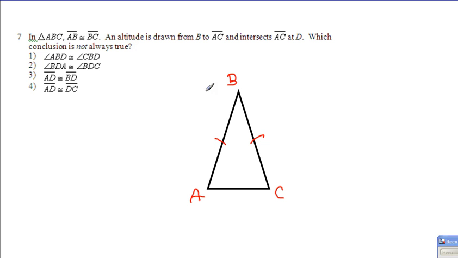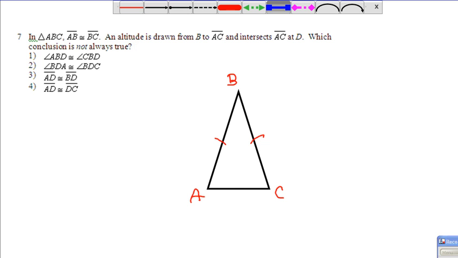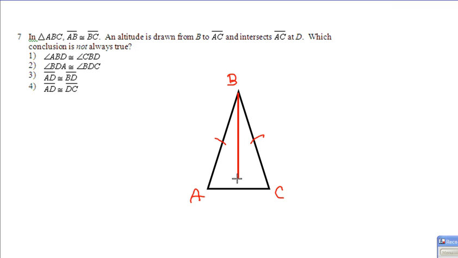Now, an altitude is drawn from B to AC, so we have an altitude. Okay. Now, intersect AC at D, so I've named this one as D.